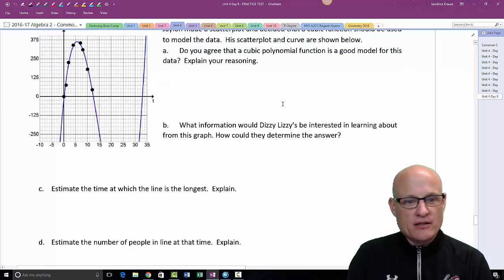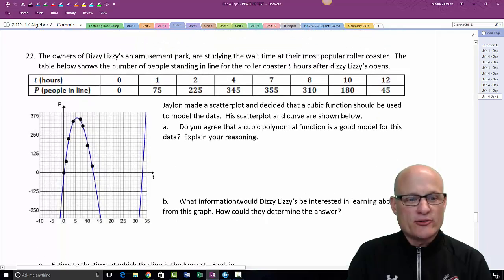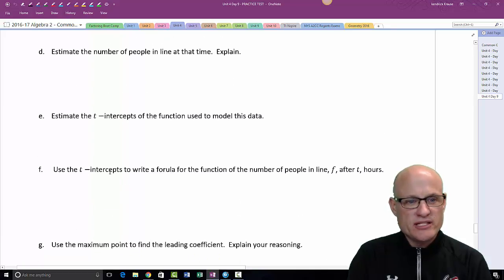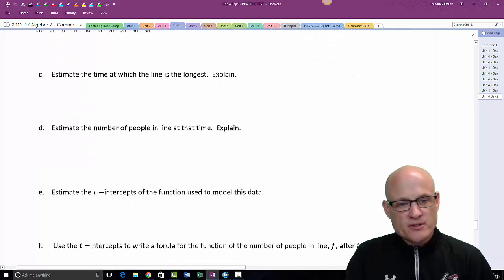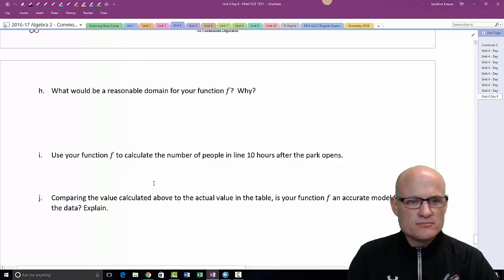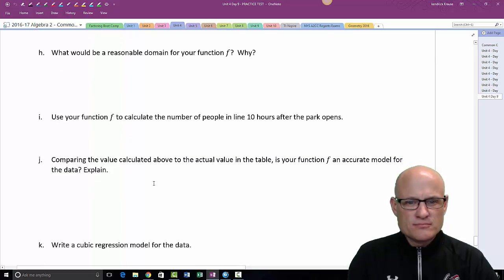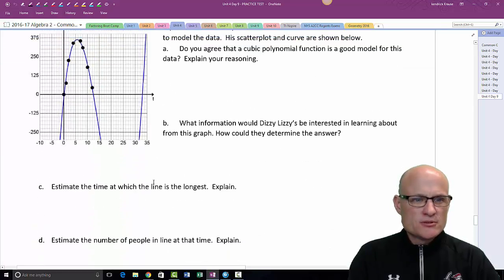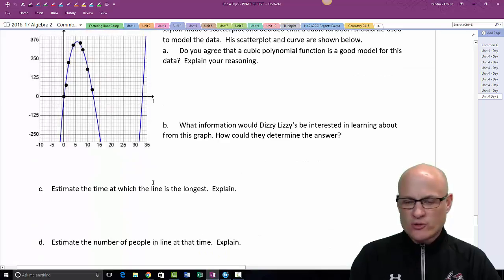Estimate at what time the line is the longest. So what I want to do, use the t-intercepts to write the function. This is an interesting question.